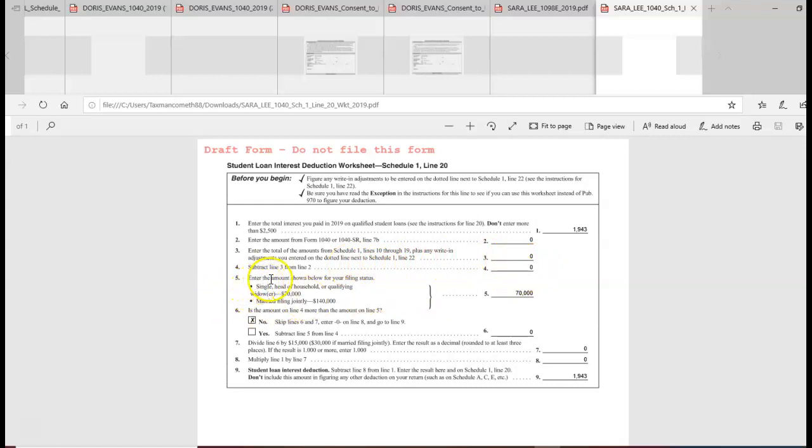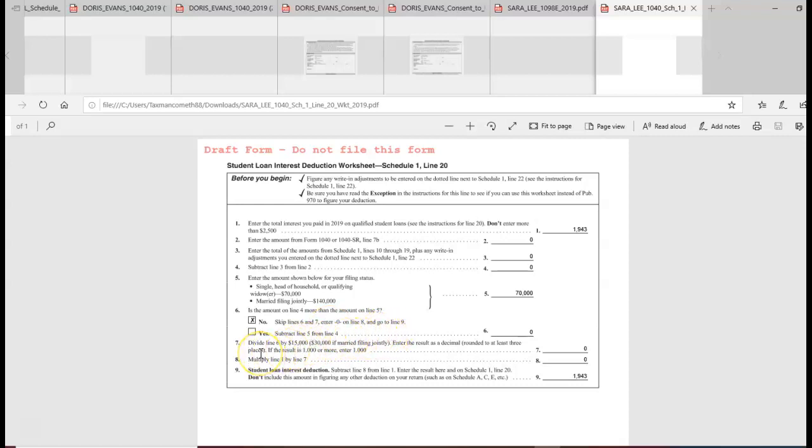Number 4 says subtract 3 from 2, which is 0. Line 5 says enter the amount shown below for your filing status. Single, head of household, or qualifying widow is $70,000. Married filing joint filers is $140,000. Then it asks, is the amount on line 4 more than the amount on line 5? The answer is no, so we skip lines 6 and 7, enter 0 on line 8, and go to line 9.